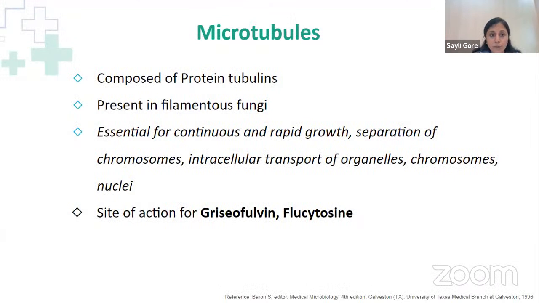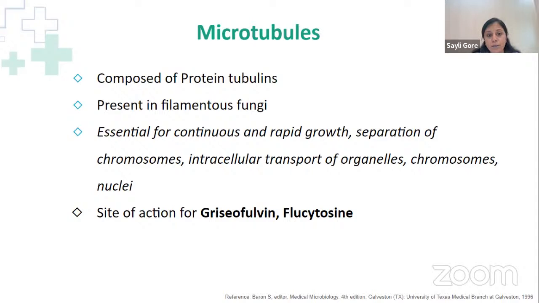Then microtubules. They are composed of protein tubulins, and they are usually only present in filamentous fungi, the fungi which have hyphae or the hyphal appearance. They are essential for continuous and rapid growth.